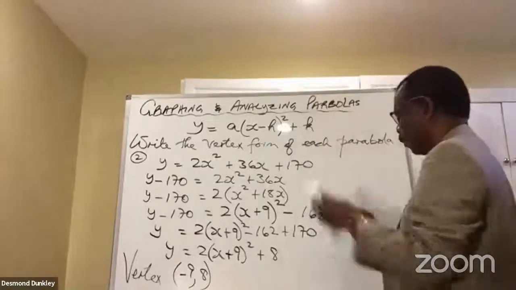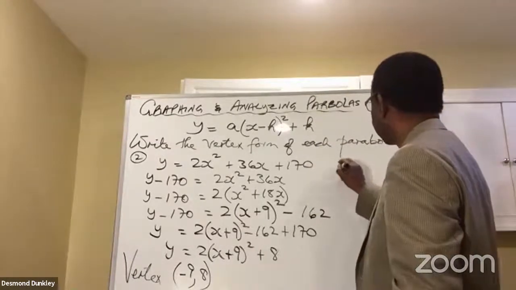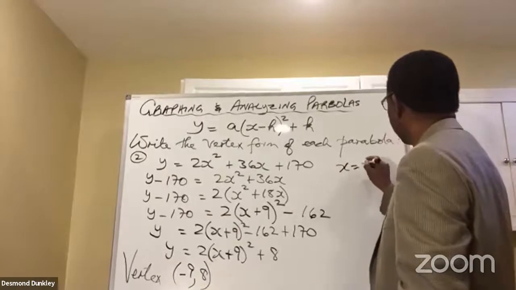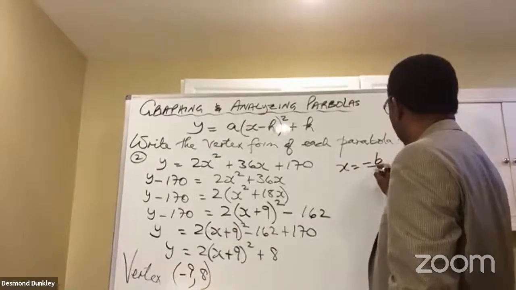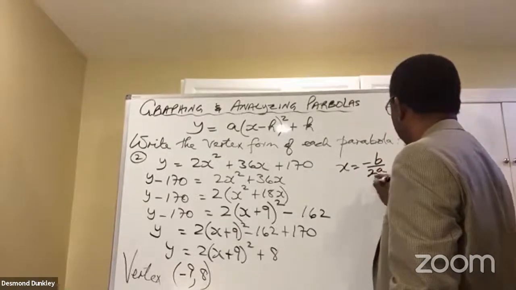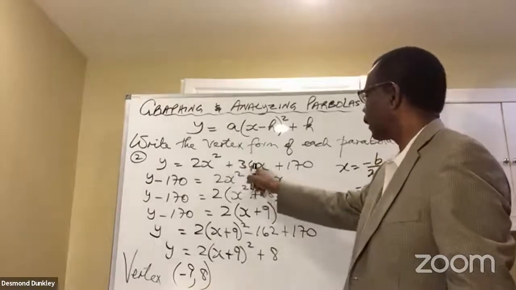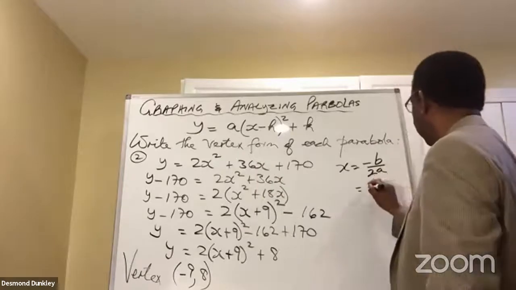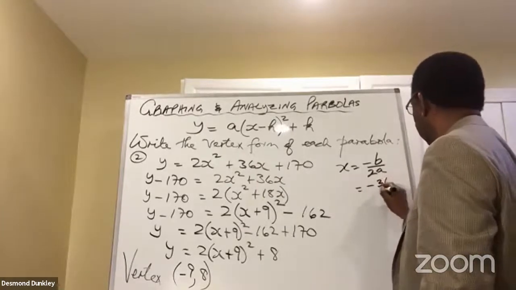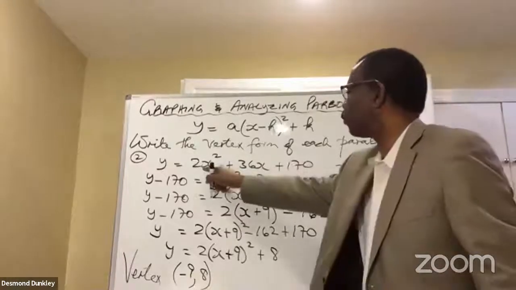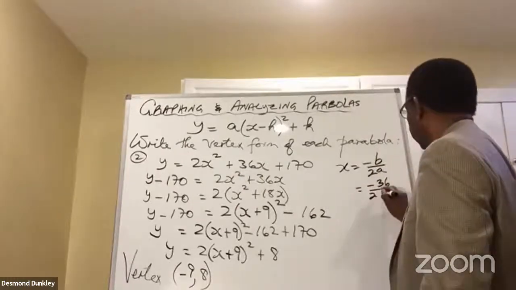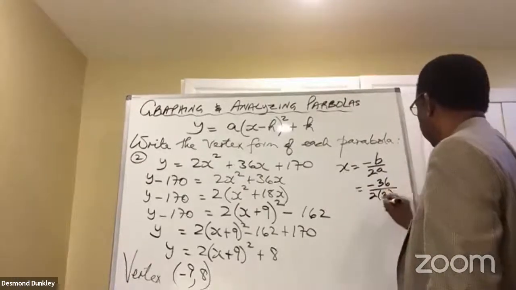Okay, so x is equal to minus b over 2a. b is 36, so minus b is negative 36. a is 2, so it's going to be 2 times 2.